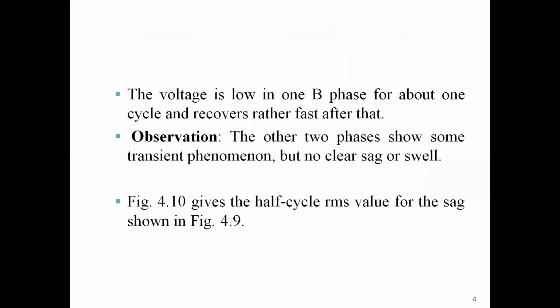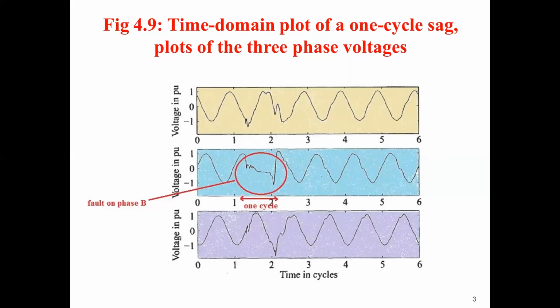Because you can't exactly say whether it is a sag or swell. Sag means a decrease in magnitude, whereas swell is an increase in magnitude. So here you can't say exactly in the non-faulted phases whether this effect is creating a sag or swell. So these are slight transients.